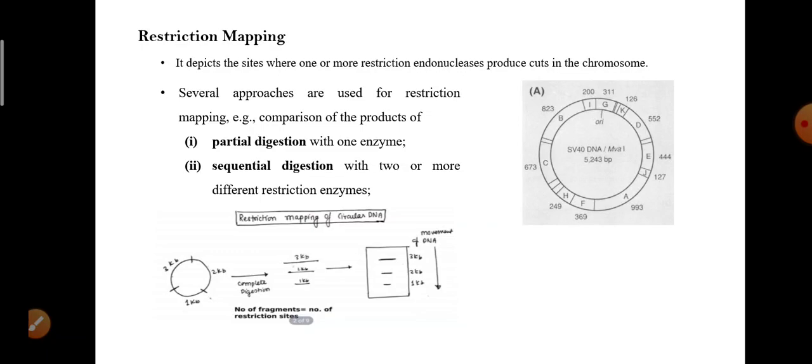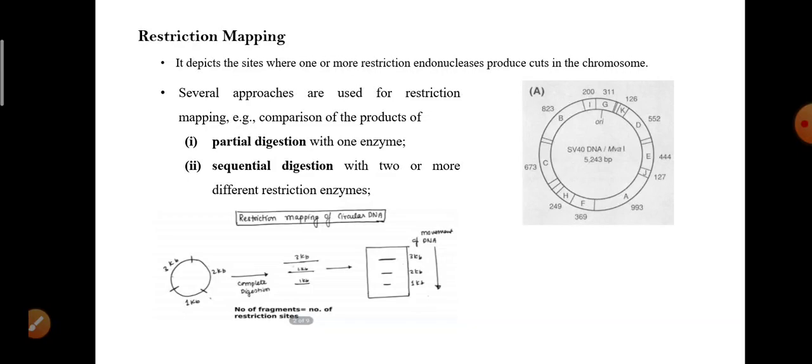In the lowermost picture, we can see that there is a circular DNA and it has three restriction enzyme sites. If that particular restriction enzyme is given in the medium and complete digestion is done, then three fragments of DNA will be produced.